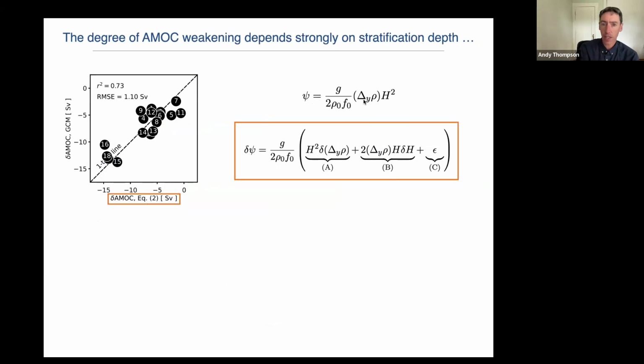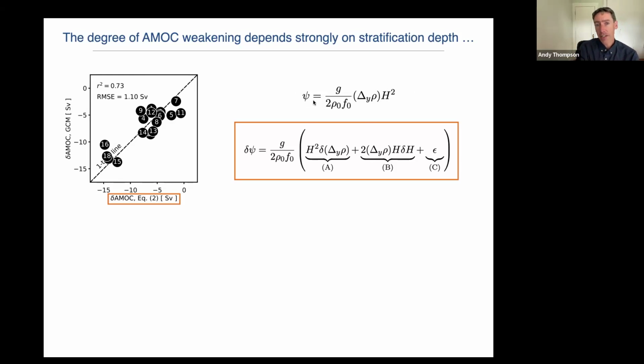And when we revisited this relationship, we realized, of course, that if you form the stream function from that thermal wind relationship, you also get a contribution from the thickness of that upper layer. You can think about it as the stratification. So this here is a common scaling that's used for the strength of the overturning that, again, depends on this north-south density difference, but also has some relationship to the vertical structure of the stratification in the Atlantic Basin.